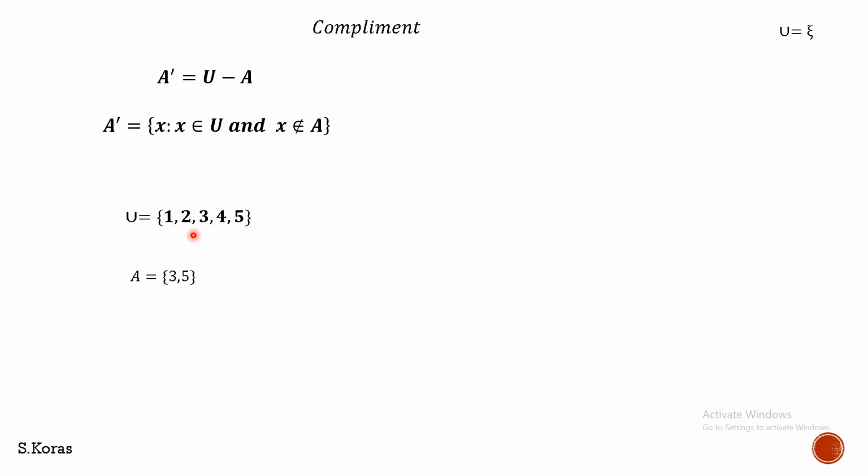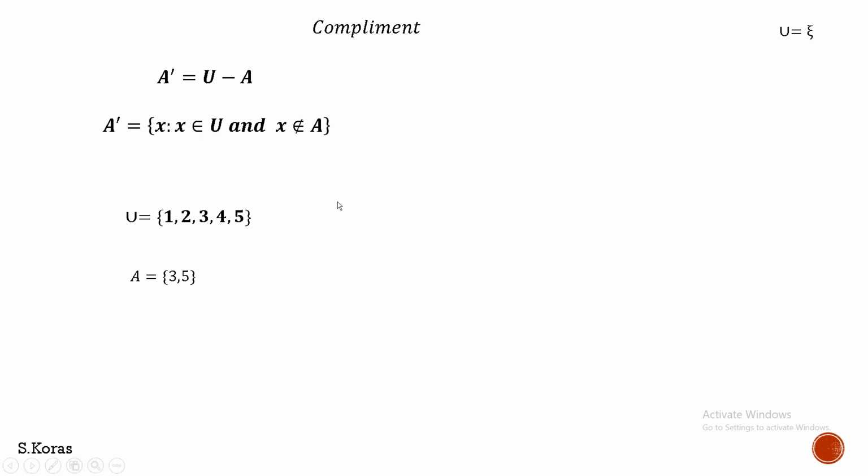These are the 3 elements which belong to the universal set, but do not belong to A. So A dash is nothing but the elements which are not present in A but present in the universal set.